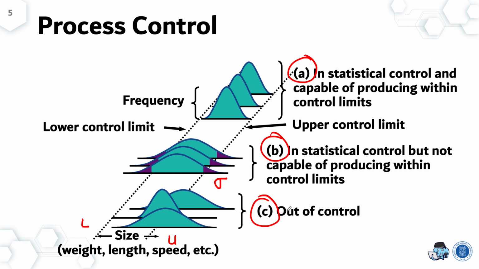The situation in C is the situation where we call it out of control. This is because the central tendency of this distribution is out of the acceptable limit, lower and upper.